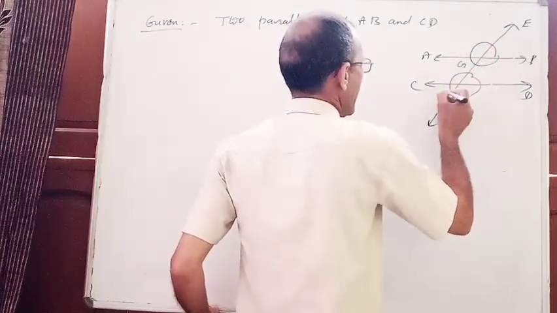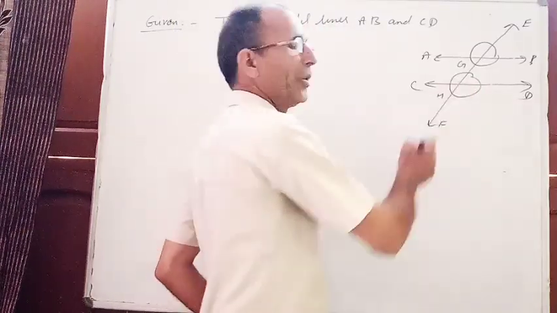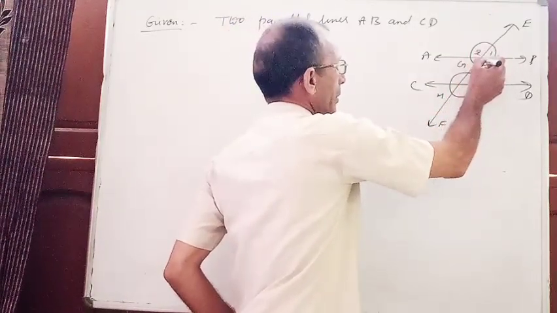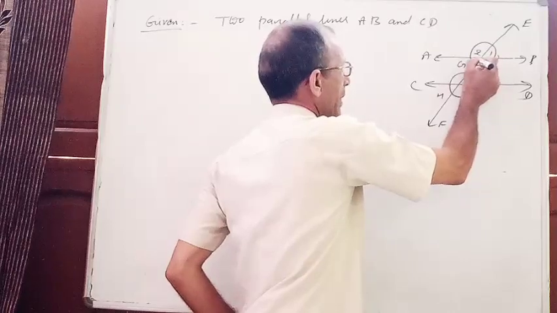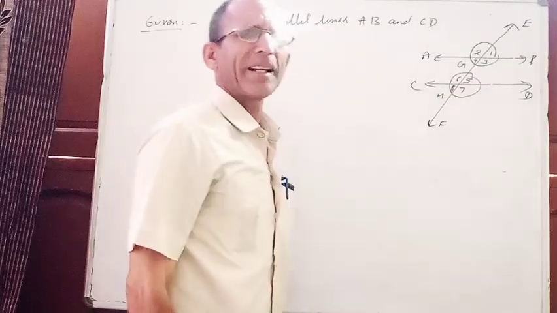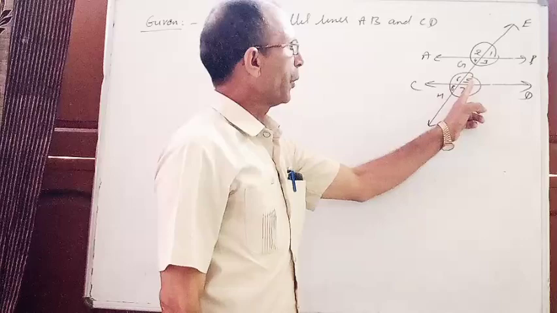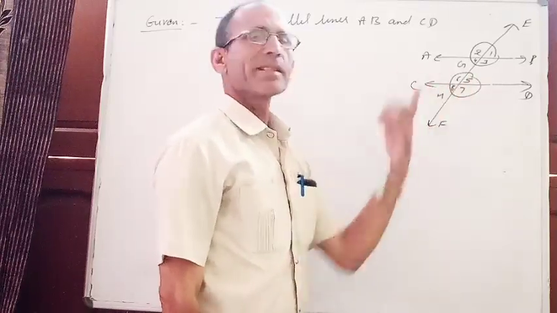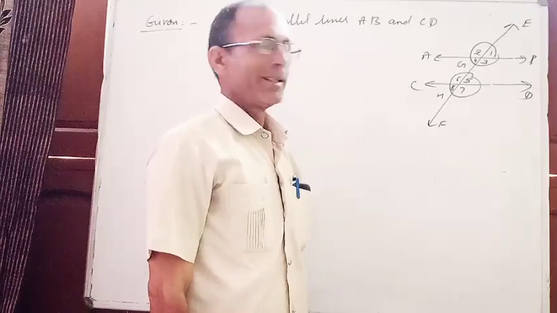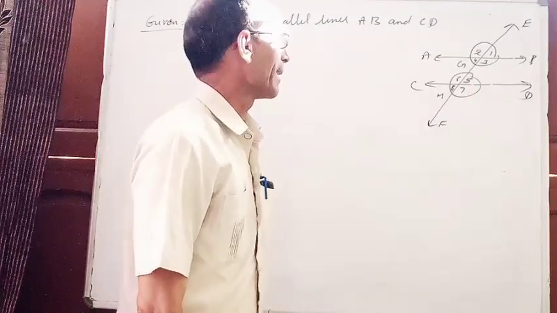You can say G and here is H. They are intersecting at G and H. So angle 1, 2 and here you can write 3, 4, 5, 6, 7, 8. Now we have to prove angle 4 is equal to angle 5 or angle 6 is equal to angle 3. These are alternate interior angles.